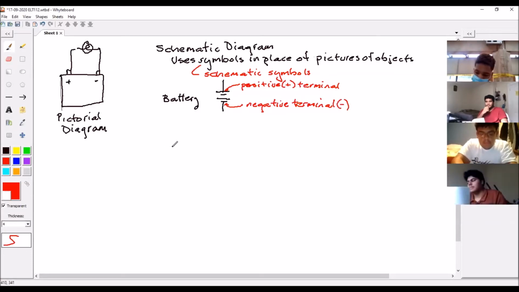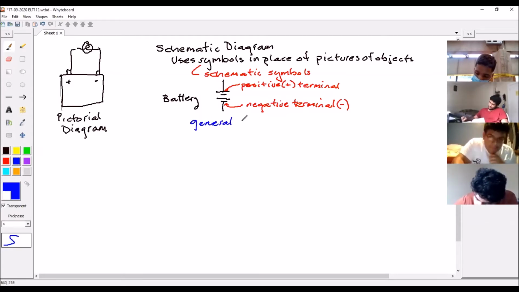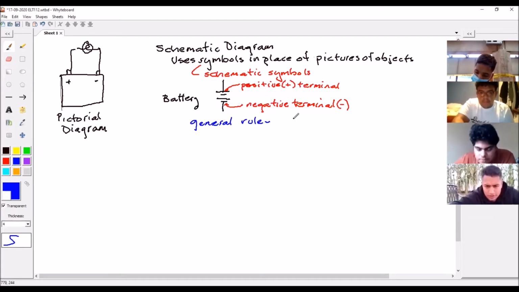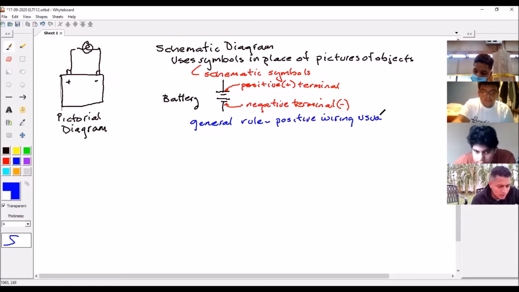Or the minus terminal. Just as a general rule, the positive wiring usually uses red wire.